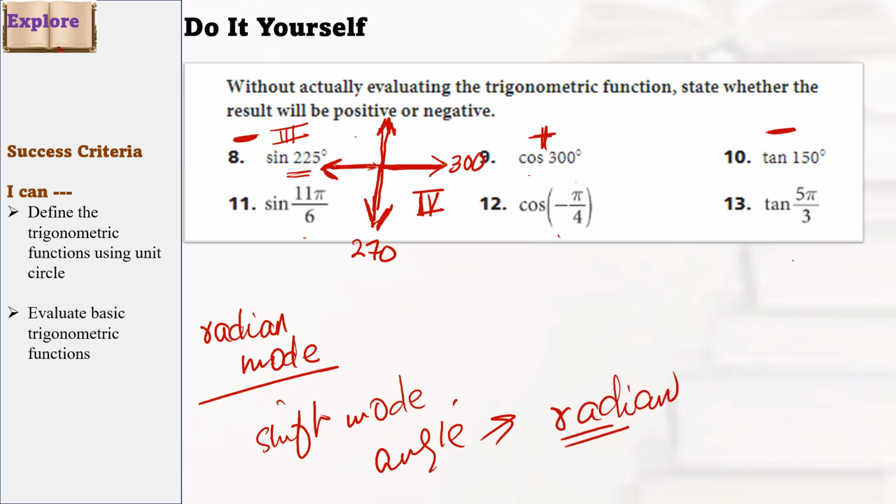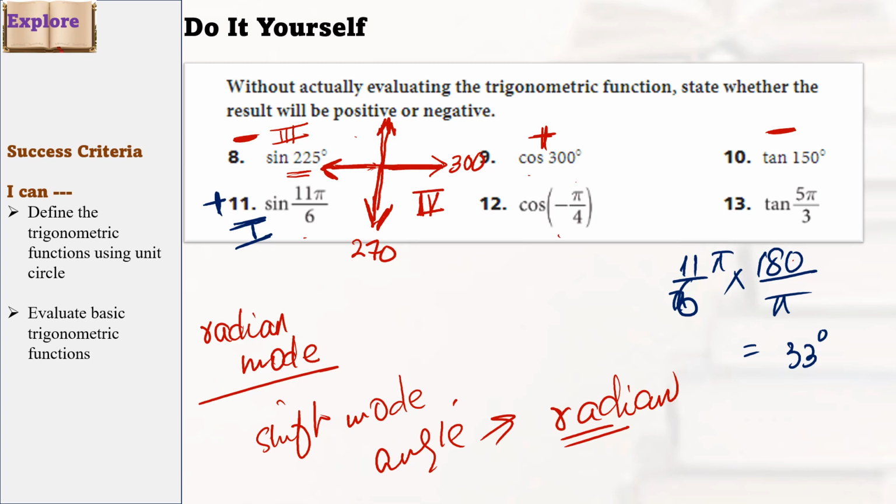Otherwise, convert your 11 pi by 6 into degrees. For degrees we multiply by 180 over pi, and we will get 330 degrees. If we write it in the calculator, we will get the degree value. So that means the fourth quadrant, and there sine is negative.